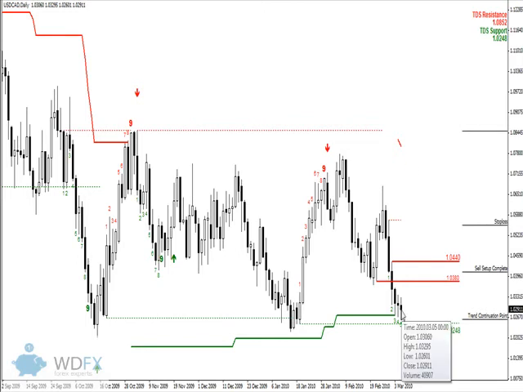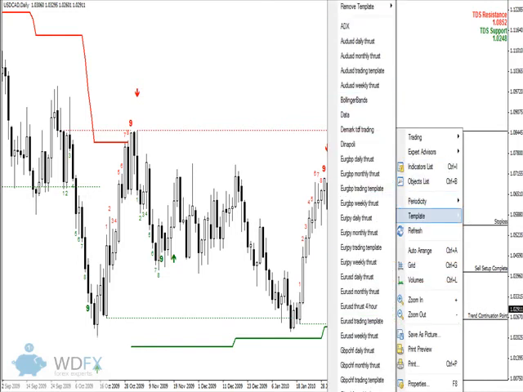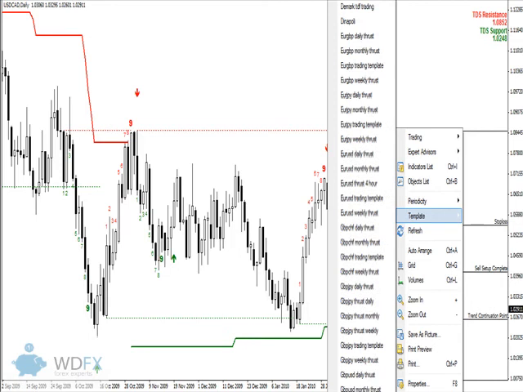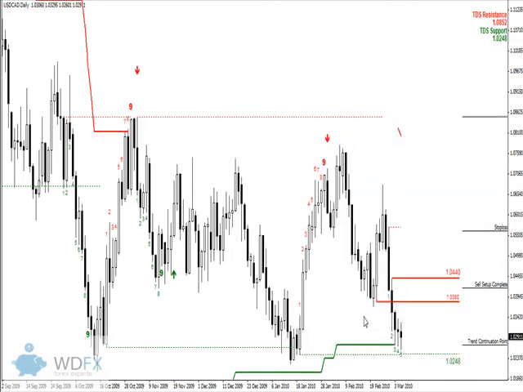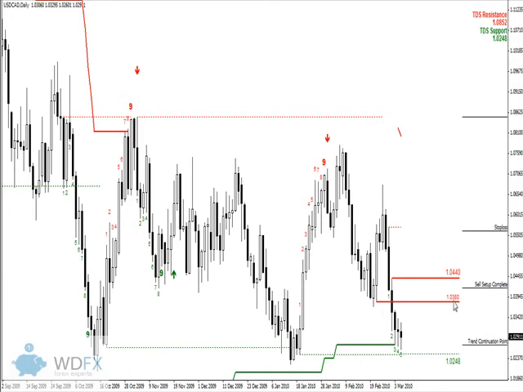Let me load this template back, it should put the Fibonacci back where it was. So we could spike through this level, it's like 35 pips or so past this 380 level, and still fail there.